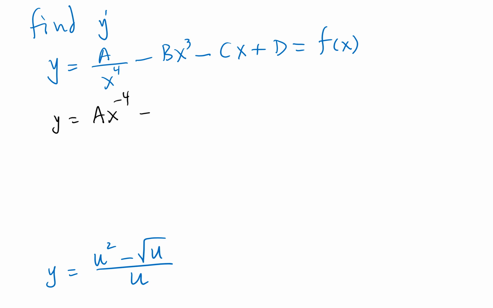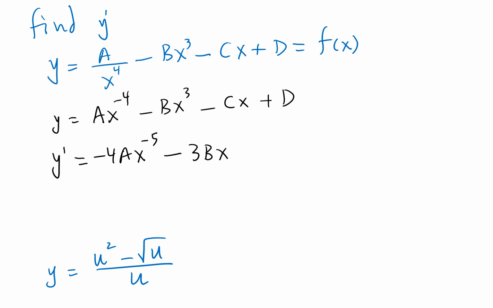It's easier to rewrite it first. Nothing needs to be done here. Then y prime is negative 4 down, a x to the negative 5, minus 3bx squared, minus c, plus 0. So y prime is negative 4a over x to the fifth, minus 3bx squared, minus c.